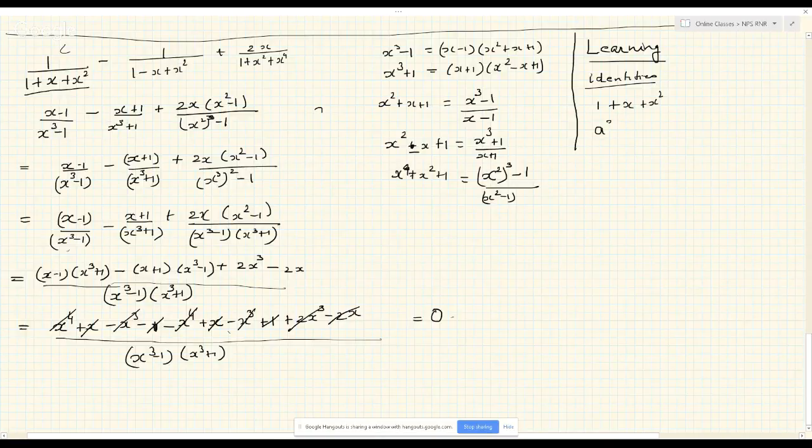For example, a cube minus b cube is equal to (a minus b)(a square plus ab plus b square). And then the only next step which I had was, instead of b, I kept it as 1. These things you have to know.